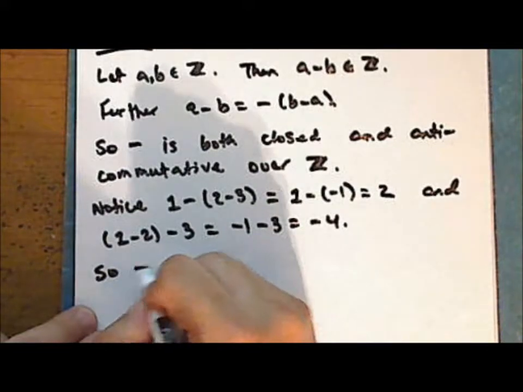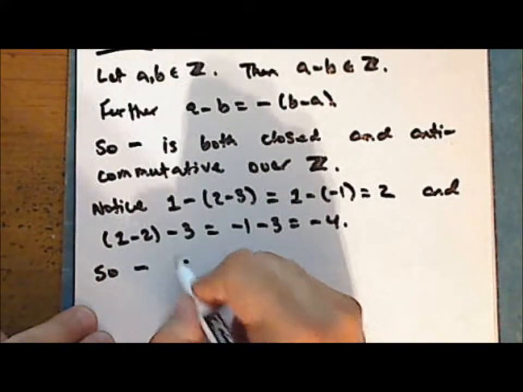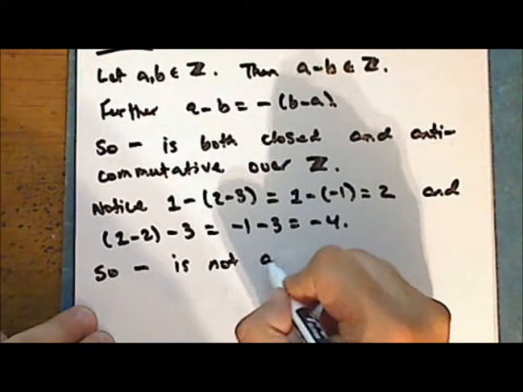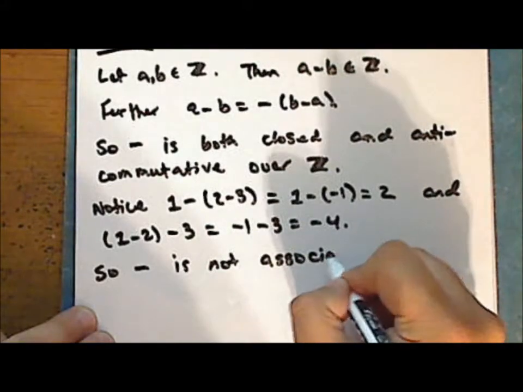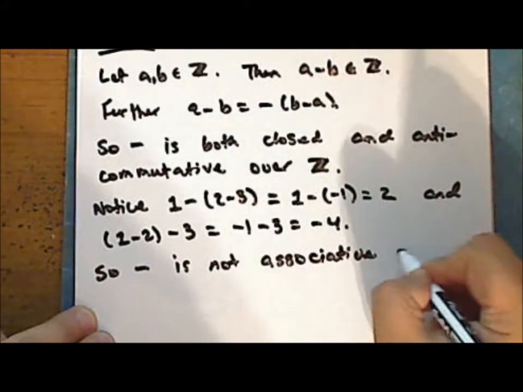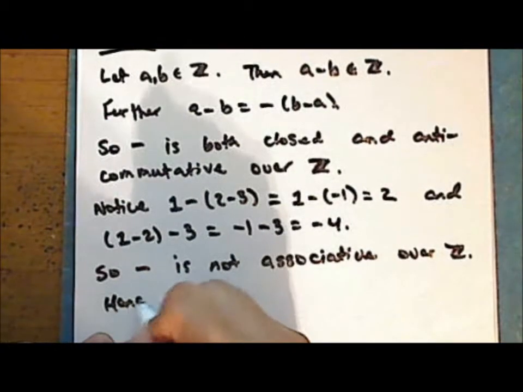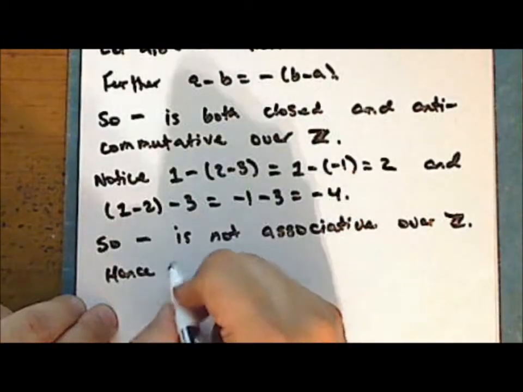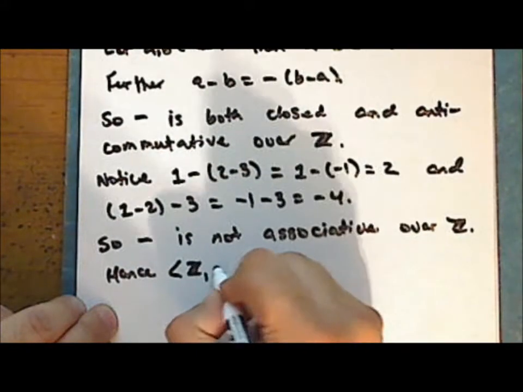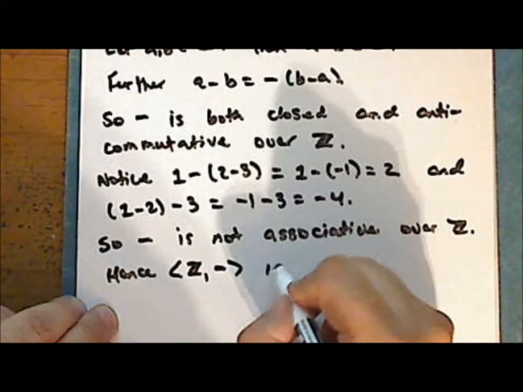And so the operation of subtraction is not associative over the integers, and hence the structure consisting of the integers under subtraction is not a semigroup.